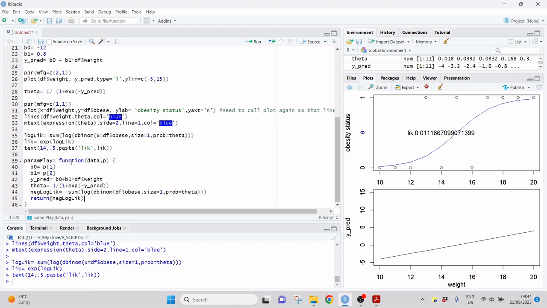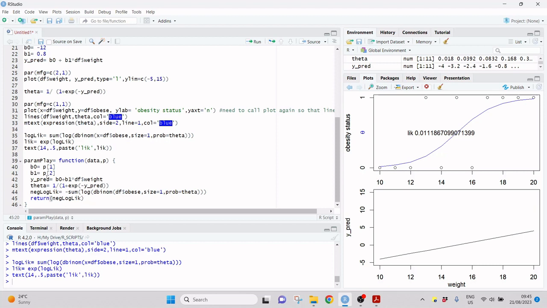So if we want to maximize the likelihood, that means we want to maximize the log likelihood. If we want to find something to minimize, then we just take the negative log likelihood. There is no very fancy reason for that, it's just the way this is typically done.